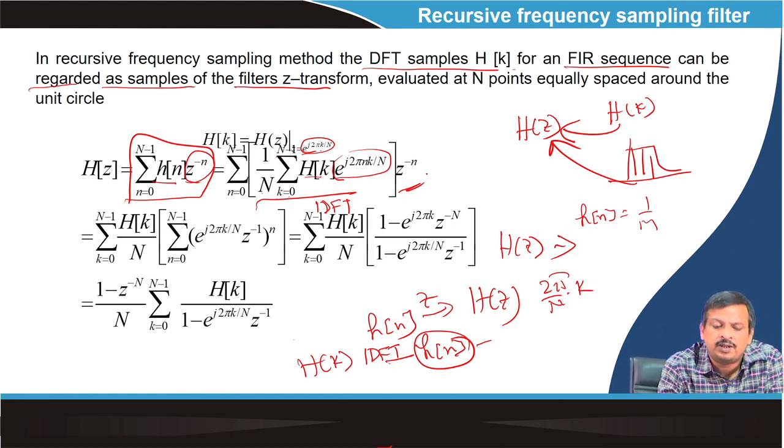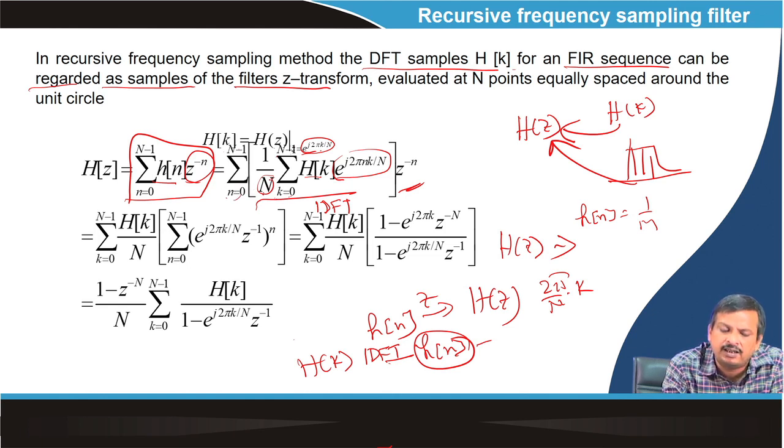Now if you see, there are two sums, n equal to 0 to N minus 1 and k equal to 0 to N minus 1. If you take the two sums, capital N is constant, so capital N does not depend on small n.